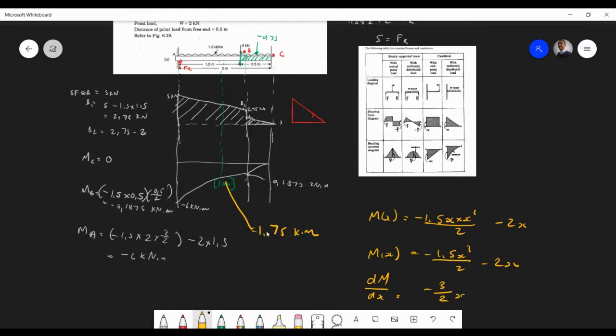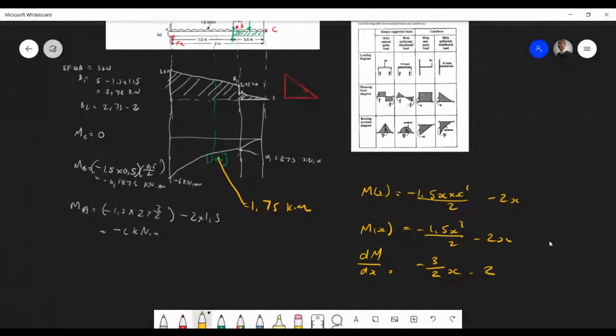I'm just checking something here. If I make the 0, 2 minus 3 over 2 x, yeah, doesn't look right here. Minus 2 x squared. Oh, this is x squared, sorry, my bad.